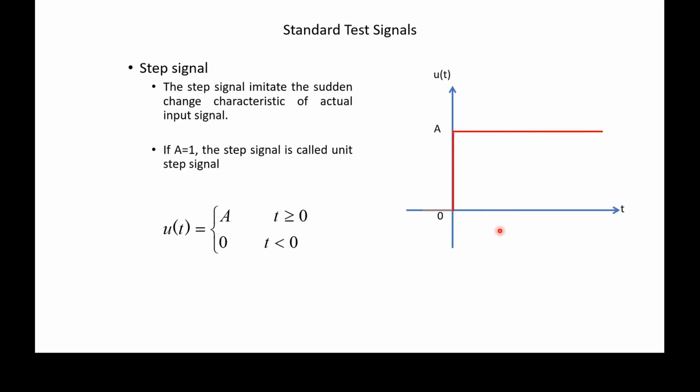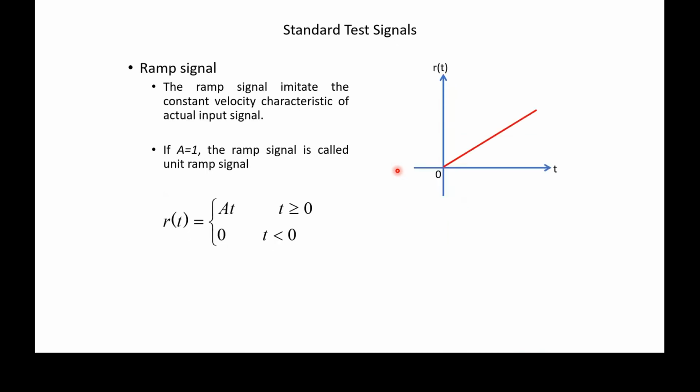Most of the time we look at something like a step change in the signal, and that imitates the sudden change characteristic of a particular signal that we might be interested in. The other thing that we do is we put in ramp signals because we want to know whether we have what we call a linear response. In other words, for the signal going in, how does it come out? And we also want to know how it handles that in time as well.